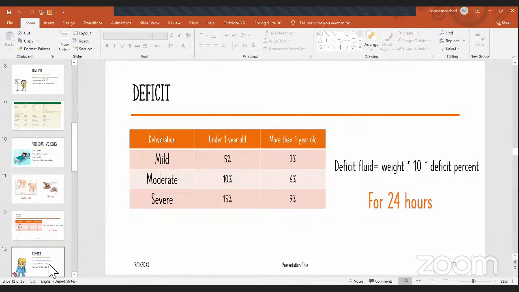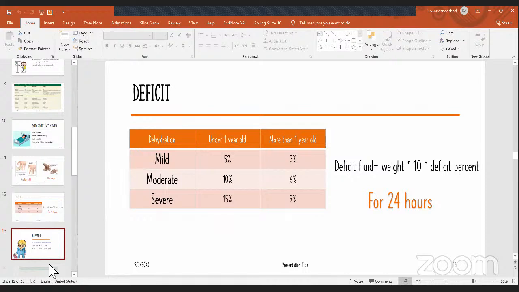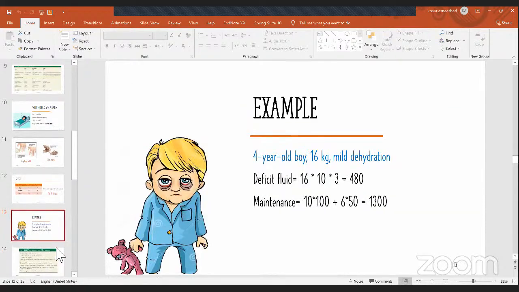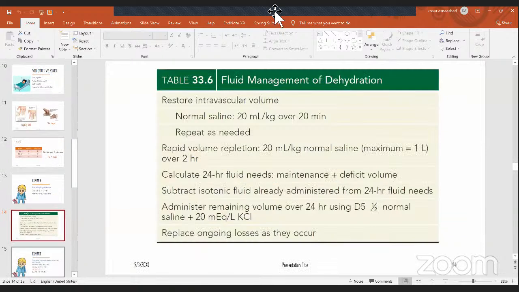And we should calculate the sum of deficit and maintenance for calculating the total amount of fluid that the patient needs in 1 day, okay? We also talked about stat serum therapy.